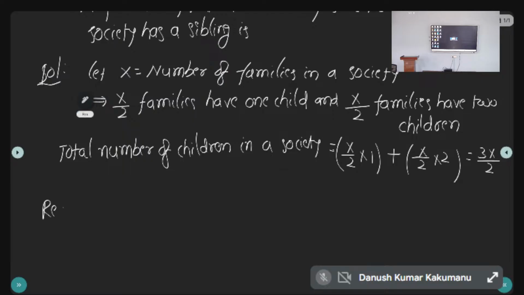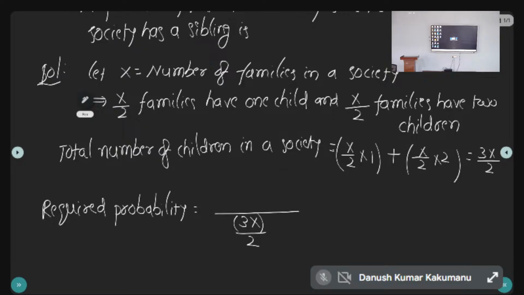Required probability, directly I am writing the answer. The denominator is the total number of children, 3x by 2. Among them, I have selected only one. nC1 is n only, so 3x by 2; if you follow the textbook rule, I have to write 3x by 2 C1.